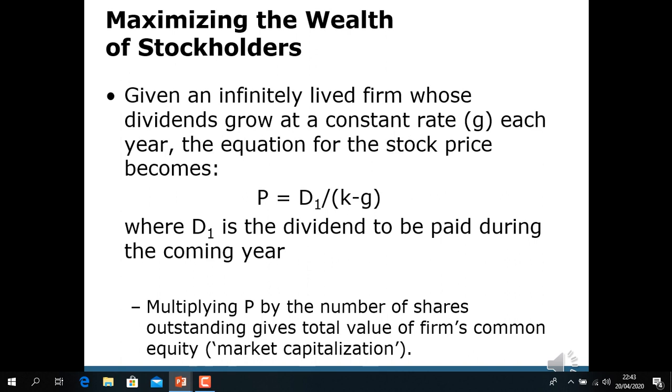And given an infinitely lived firm whose dividends grow at a constant rate, noted by G, each year the equation for the stock price becomes P equals D1 divided by K minus G, where D1 is the dividend to be paid during the coming year, K is the discount rate, and G is the constant growth rate.